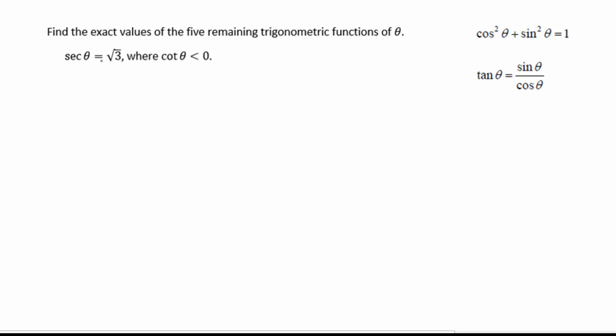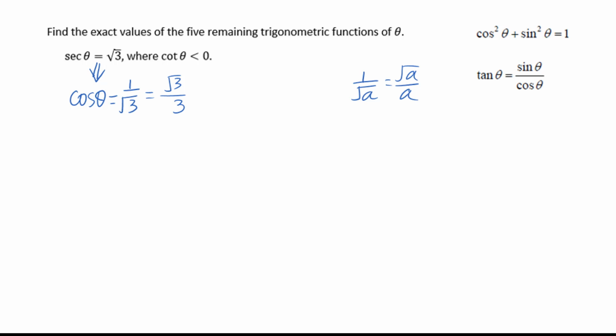Whenever you get minor trigonometry, you will change into major trigonometry, which means the reciprocal of secant theta, that is cosine theta, equals 1 over square root of 3. As we know, 1 over square root of a equals square root of a over a. So we get square root of 3 over 3.